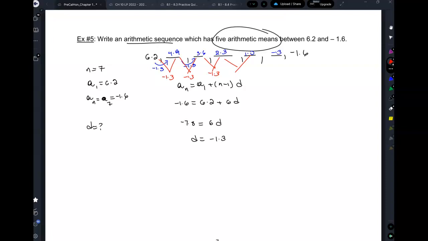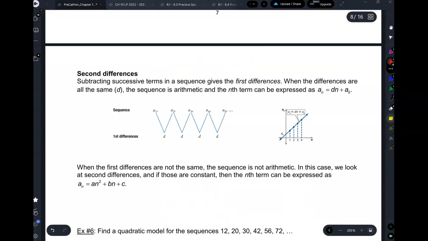Now, if you do it again, what you get are second differences. So if you have your sequence, the first time you subtract these, you get the D, which is the first difference.